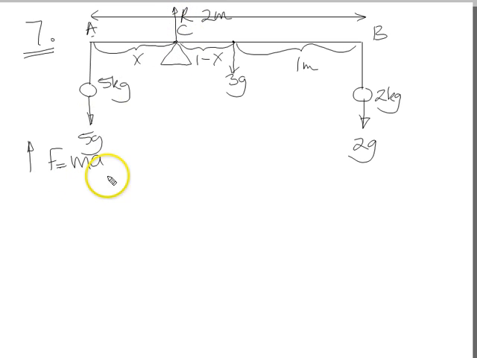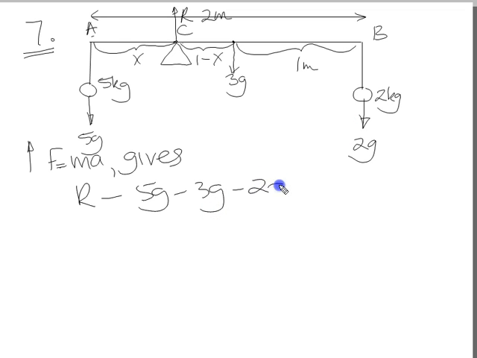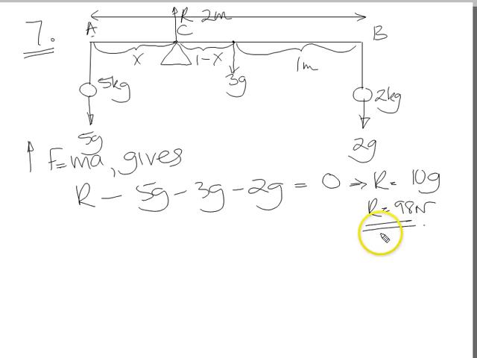So applying F equals ma vertically gives, R minus 5g minus 3g minus 2g, because they all act down, don't they? That's all the forces, equals mass times acceleration. Acceleration is 0, so that tells us R is equal to 5 plus 3 plus 2 is 10, 10 lots of g, so R equals 98 newtons. That's our reaction force then.